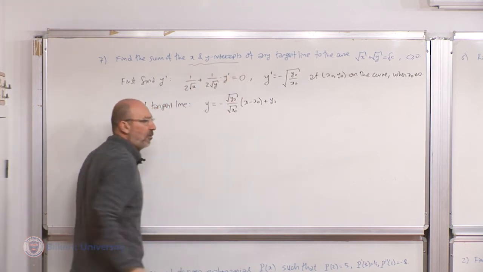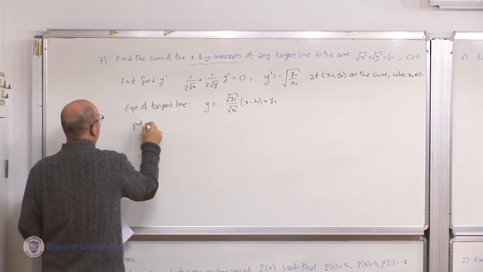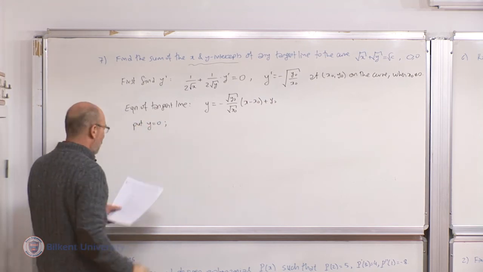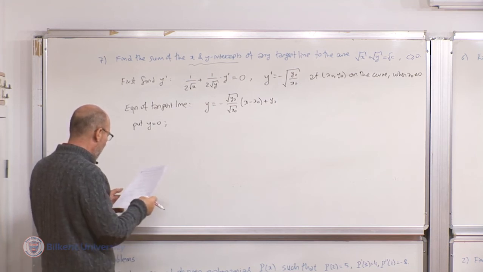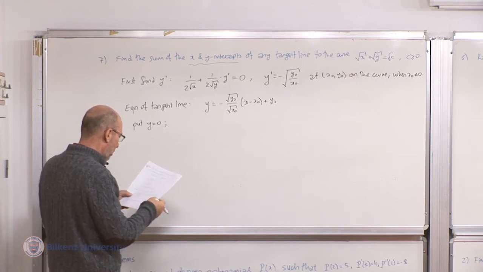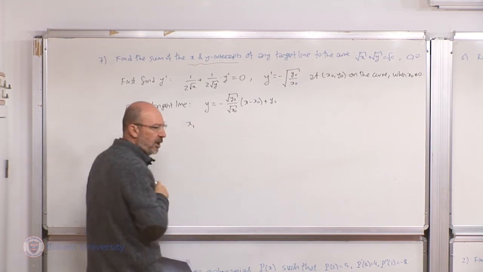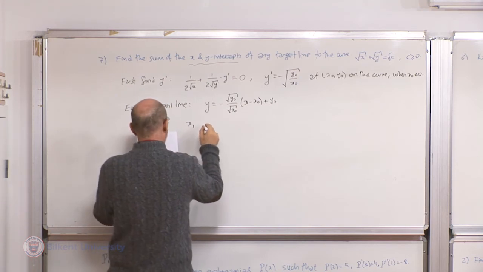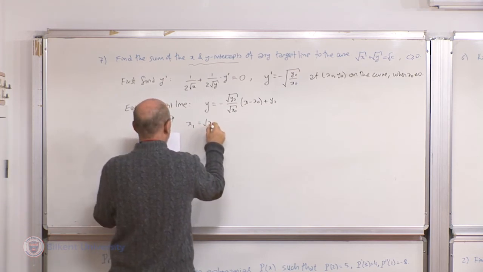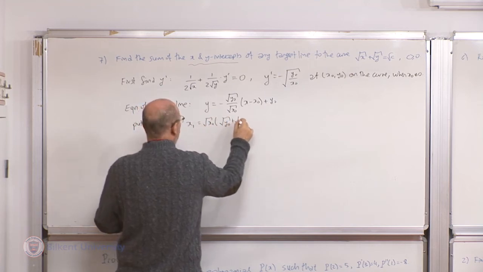So put y equals 0 and solve this. Let me call this x1, the x-intercept. After I solve this, I got square root x sub 0 times square root y sub 0 plus square root x sub 0.